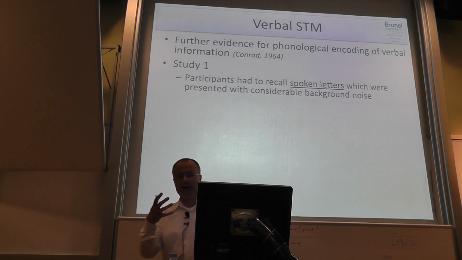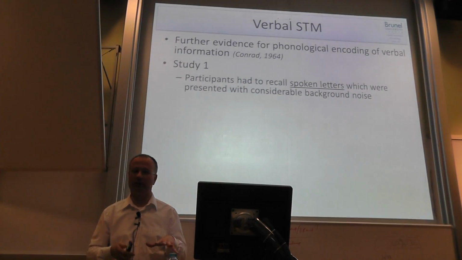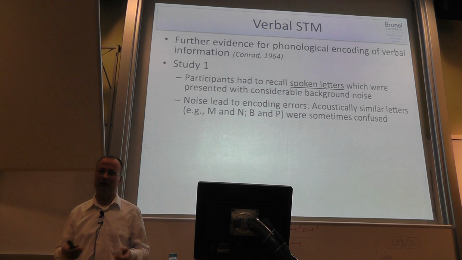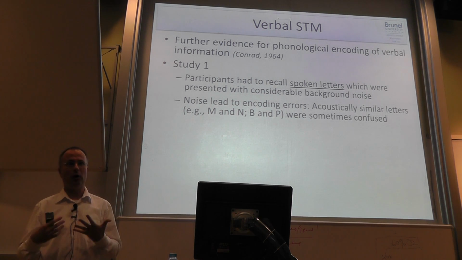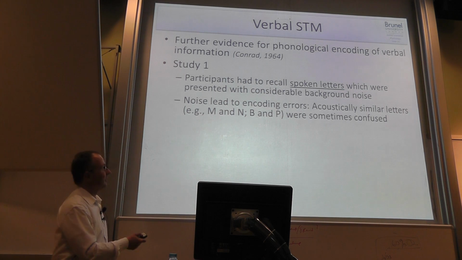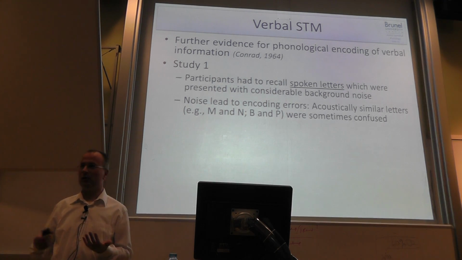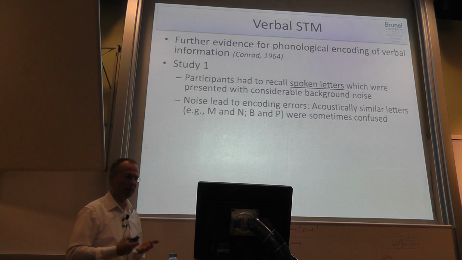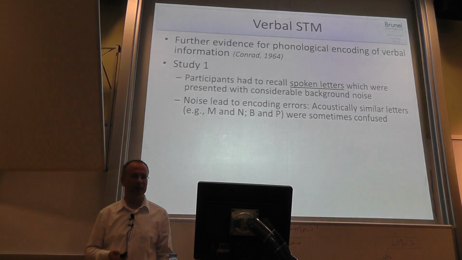People were recording the letters and then adding artificial noise to that. And if you add the noise, and you know that probably from yourself, if you want to spell something over a bad phone line, acoustically similar letters are sometimes or often confused. On a bad phone line, it's very hard to distinguish M and N and B and P with each other. So you have acoustic confusion here.